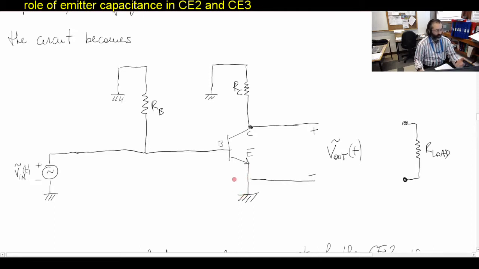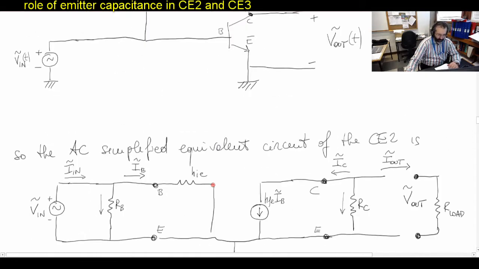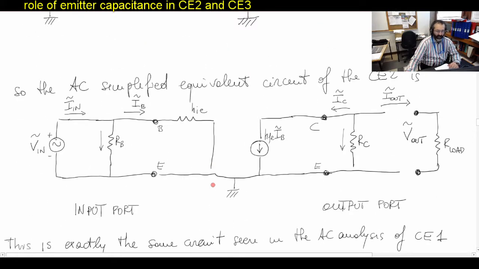That's the assumption we are making, that the impedance of CE is effectively negligible, and so we are shorting the emitter to ground. This allowed us to simplify enormously the analysis for CE2. Effectively, the analysis of CE2 is the same as CE1 in this AC regime.